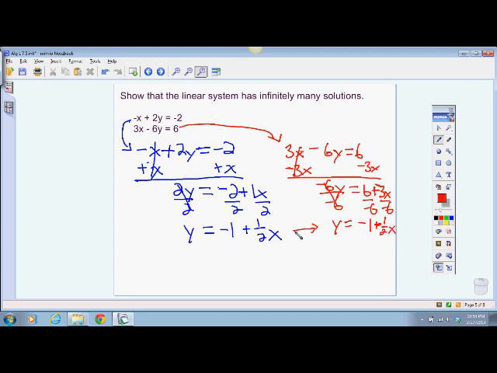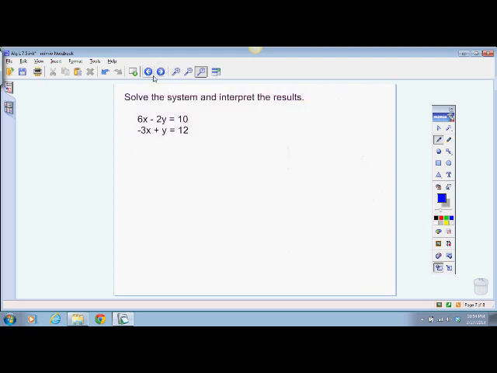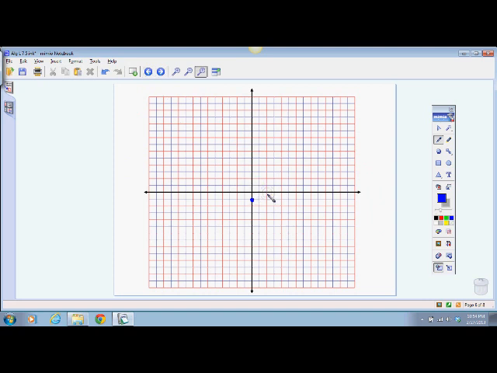Notice that these two equations are the exact same thing. If you were going to graph these, obviously on a graph you'd have your y-intercept is -1, and your slope is 1/2. So you're going to rise 1, run 2.